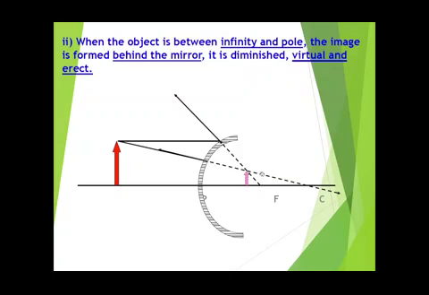The point of intersection behind the mirror leads to the formation of the image. At the point of intersection, the image formation occurs, and as we can see in the ray diagram, this image is diminished in size as compared to that of the object, and it is erect in nature and it is virtual in nature. So these are the two cases of the convex mirror.